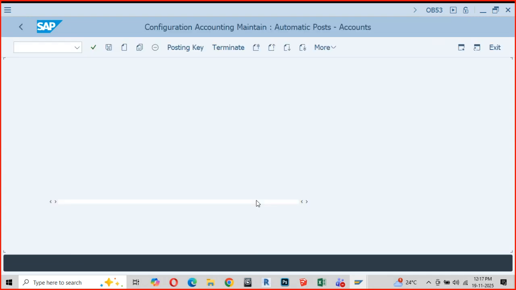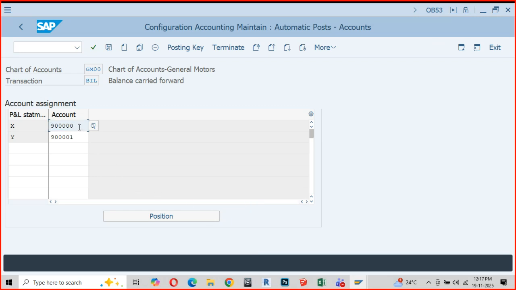Enter. Can you see? This is the standard general ledger account, which acts as the carrier general ledger account. This is your retained earnings account.